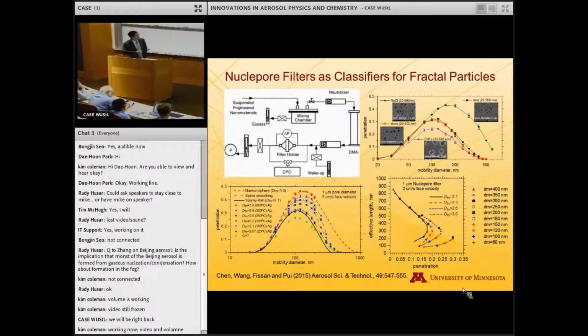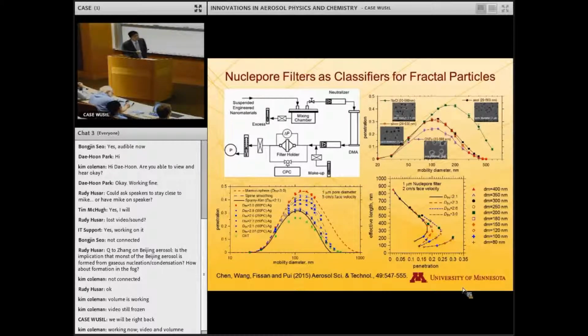We put the fresh engineered nanoparticles into a mixing chamber to have them agglomerate to different fractal dimensions, and then we classify with a DMA. After that, we neutralize the particles and send them to the filter holder, where we put the nuclear pore filter, and we measure upstream and downstream simply using a condensation particle counter.